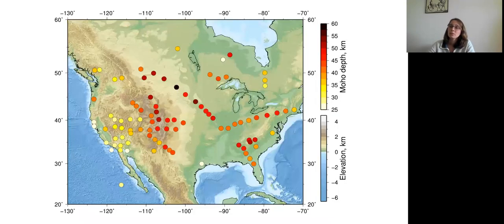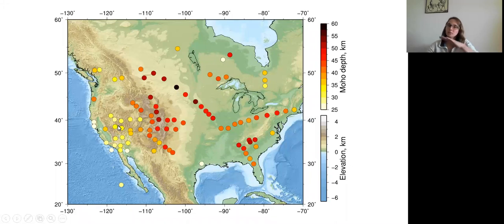We also know that the crustal thicknesses don't really change across this region. These colored circles are colored by Moho depth, and you'll see that on the Colorado Plateau, you get very similar values, around 45 kilometers, as in the Great Plains.